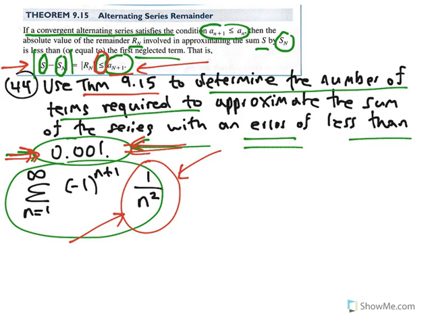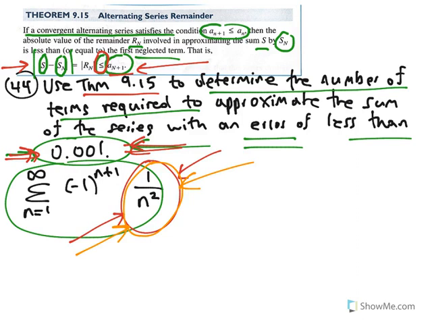Now that we understand what we're supposed to do, the question then becomes, how do we do it? How do we figure out the first term of our series that is less than 1,000th? You can use a graphing calculator or Desmos, an online graphing calculator, and all you're going to do is enter the rule that you see here for a sub n, which is 1 over n squared.